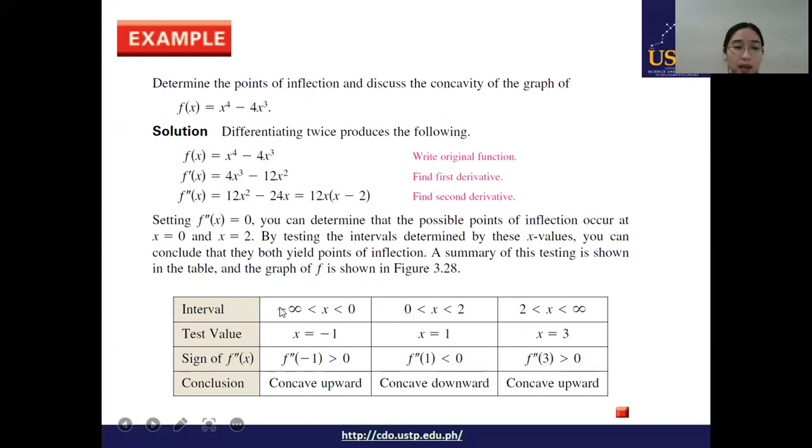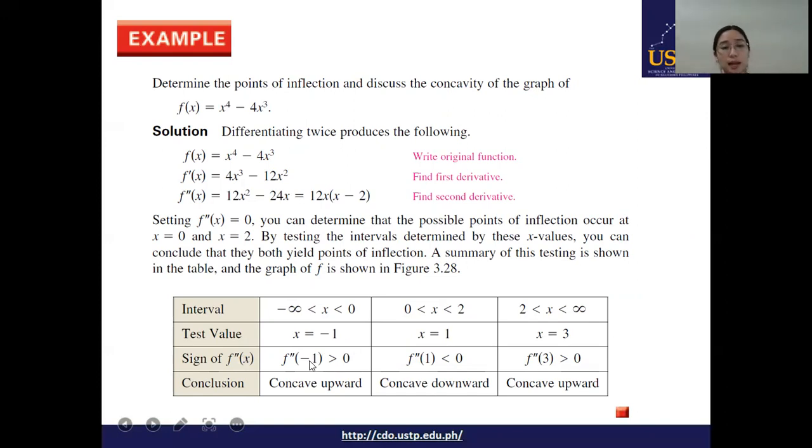So using the intervals 0 to 2, negative infinity to 0, and 2 to positive infinity, we use a table with the interval, test value, sign of f double prime of x, then conclusion. From negative infinity to 0, I chose a test value of -1.